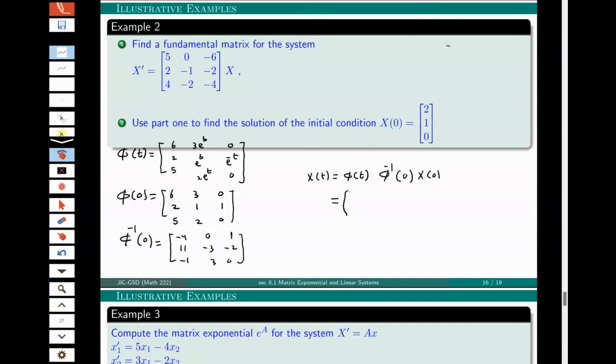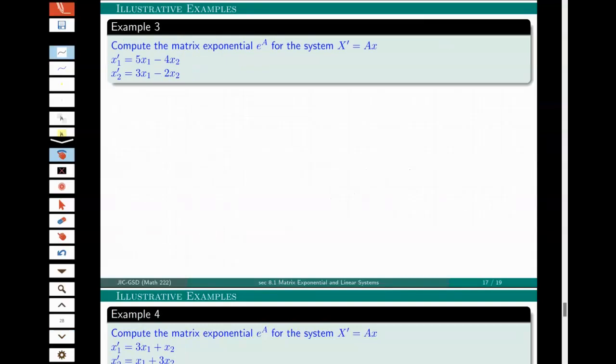So that is 6, 3 e to the power t, 0, 2 e to the power t, e raised to the power minus t, 5, 2 e raised to the power t, 0, multiplied with phi inverse, which is minus 4, 0, 1, 11 minus 3 and minus 2, and that will be minus 1, 3, 0, times 2, 1, 0. Okay, anyway, I'm not interested in a long question, so I'll just leave it for you.